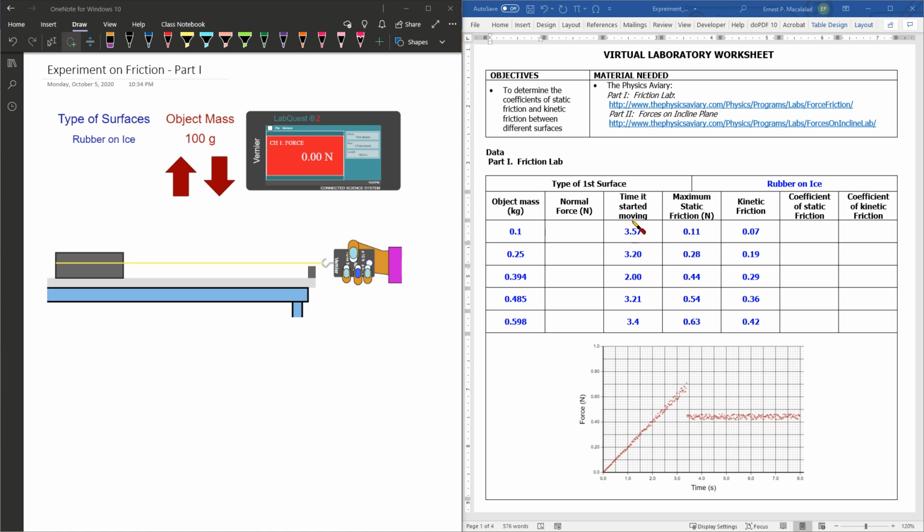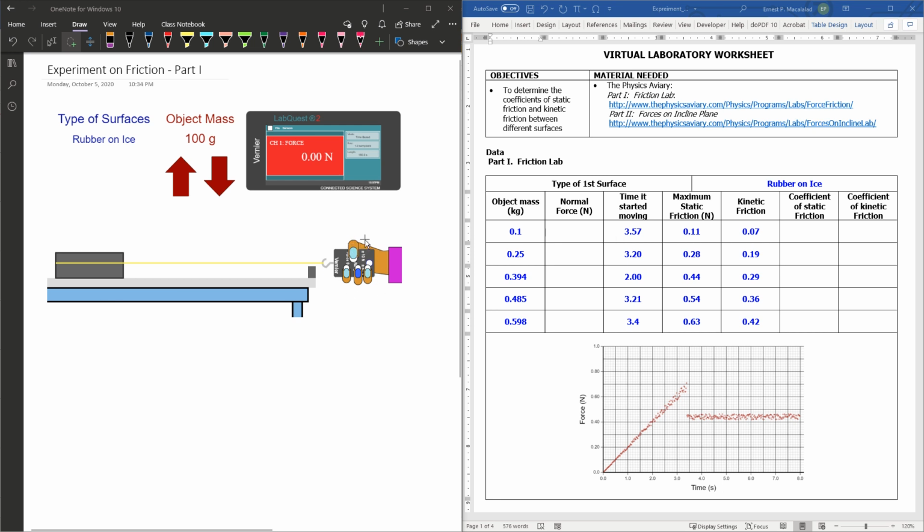Okay, so you will notice here that the time it takes for the object to start to move doesn't really depend on the weight of your object. In fact, it would depend on the way that this object is being pulled by the actor or by you.